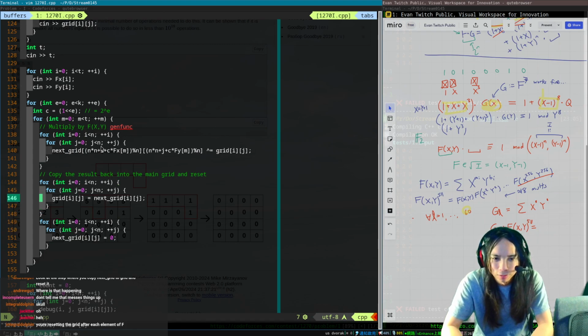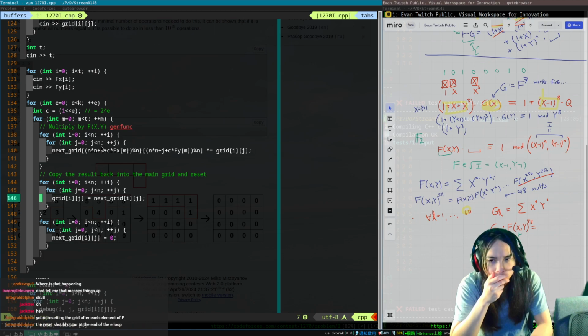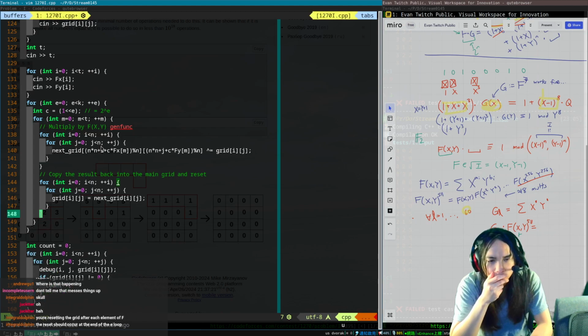Grid IJ... You are resetting the grid after each element of F. Is that not correct?